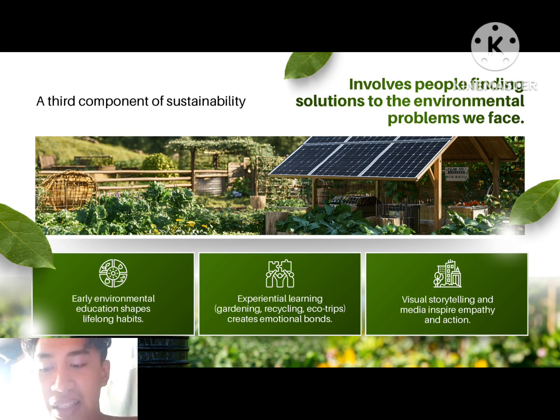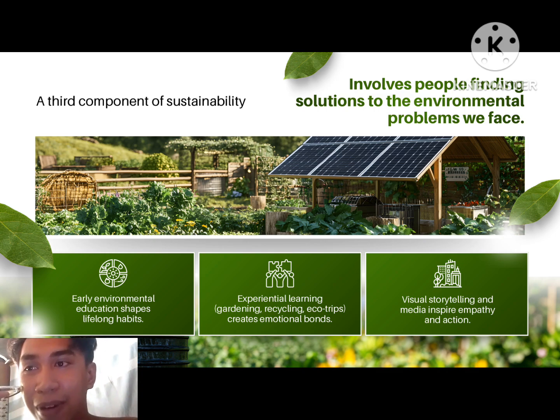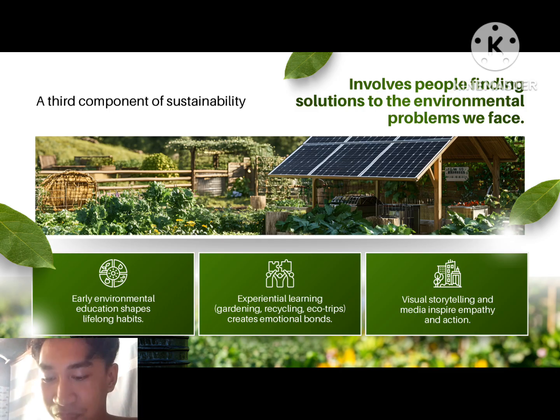This means we physically act and work to fix environmental issues instead of just learning about them. An example is that early environmental education shapes lifelong habits, meaning teaching children to learn this so the economy can be sustained. Second is experiential learning, like gardening, recycling, and eco trips that create emotional bonds.